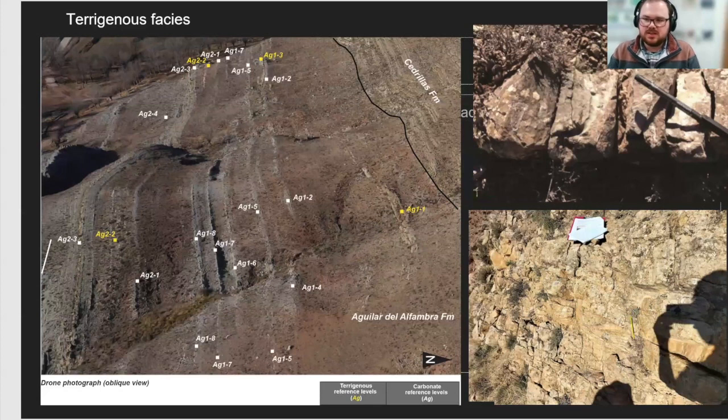So the heterogeneous intervals included red mudstones and intercalated mixed facies, tabular sandstones, conglomerates, and lenticular cross-bedded sandstones. Locally, continuous packages of peloidal packstones, grainstones, and fenestral laminated lime mudstones intercalate in both red mudstones and mixed facies.